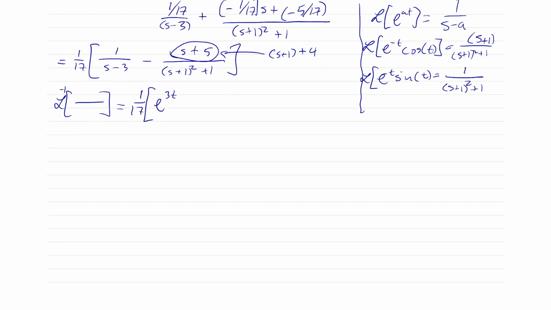And then I'm going to get two pieces. I'm going to get minus, coming from this minus sign here in the middle, e to the minus t cosine of t. And then I'm going to get another minus, again because of the minus sign, of 4 e to the minus t sine of t. And that's what we got.